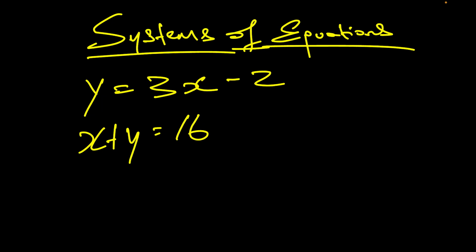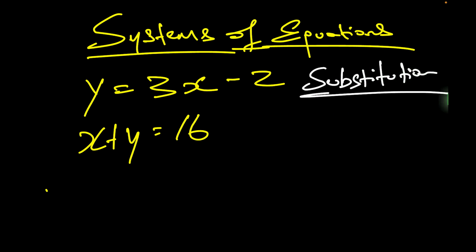Just before I go to the solution for this one, it's very important to know that we have multiple ways to solve these. One of them is by graphing, and the method I'm going to use now in this one is called substitution. So I'm using the substitution method for this one.